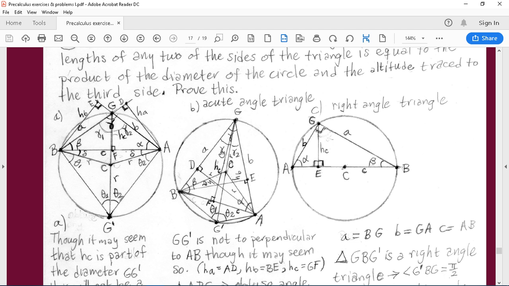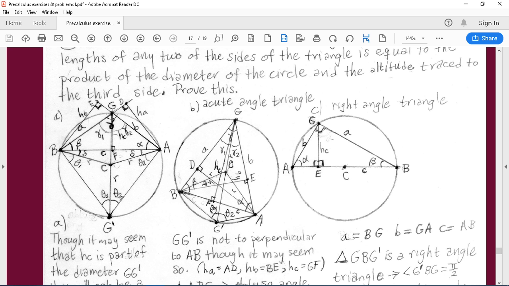Gamma 1 is one of the angles of the right angle triangle GBG prime, and angle BG prime G is another angle of that triangle, denoted as theta 1.